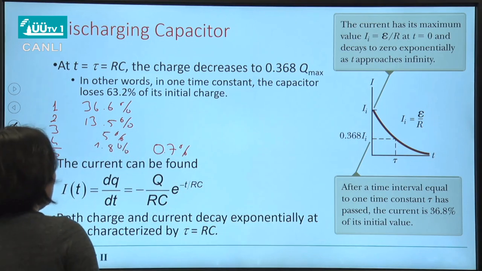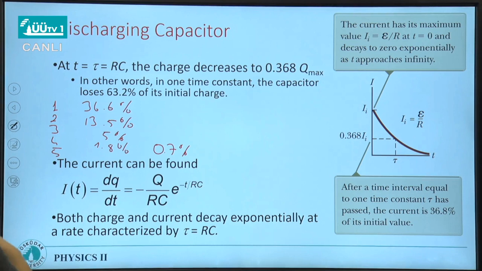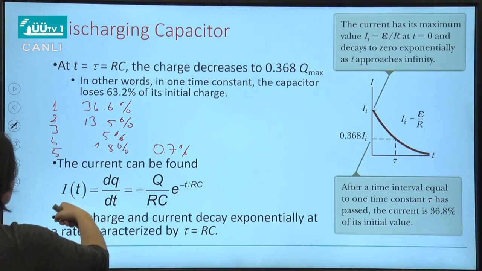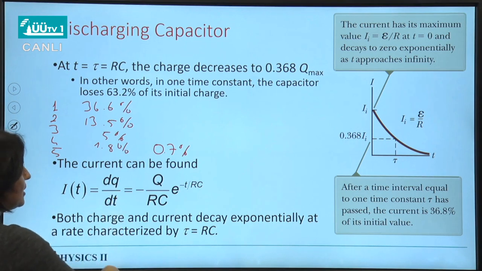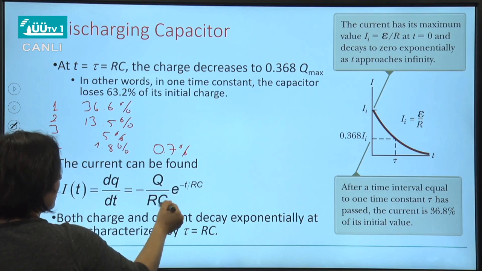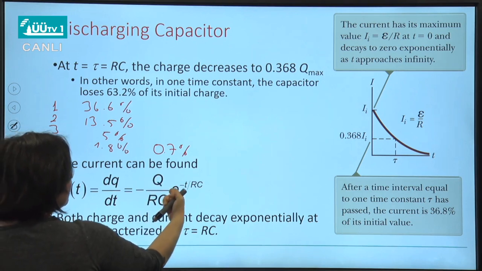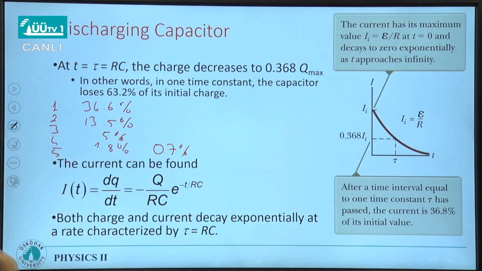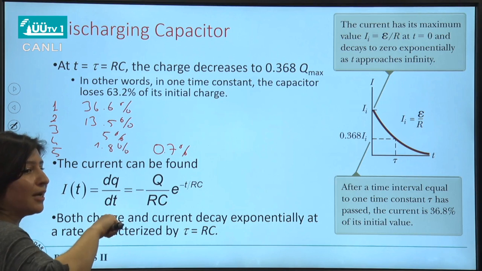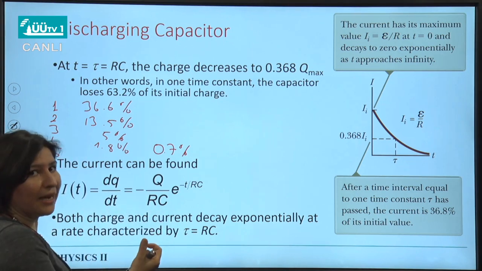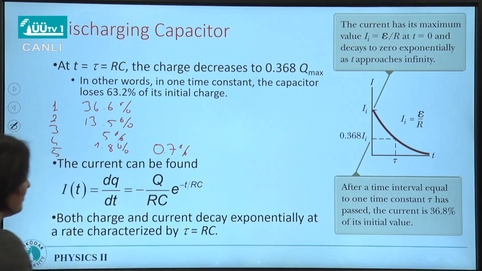And the current can be found from the previous formula we found. I equals dq over dt equals q over RC, also this is I0, times e to the minus t over RC. So the current will be maximum in the opposite direction, and then it will decrease again on the opposite side.